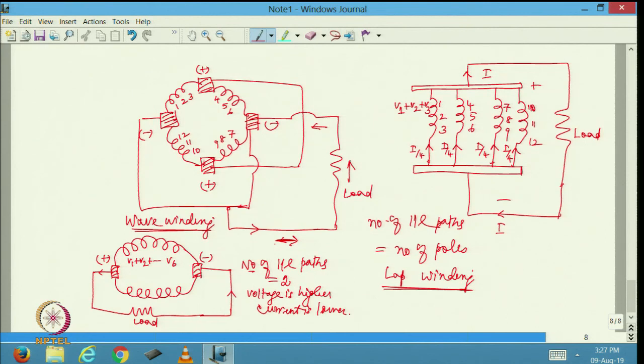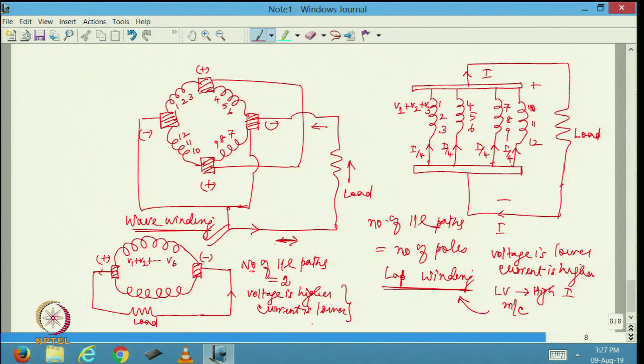In this particular case, I am going to have voltage lower, but current is going to be higher. So, normally for a high voltage low current machine, we will use wave winding, whereas for a low voltage high current machine, we will use lap winding. Okay?